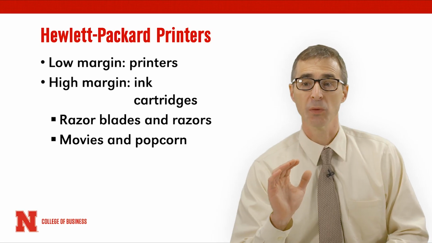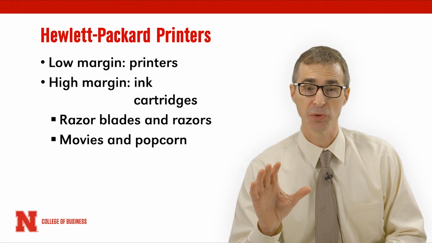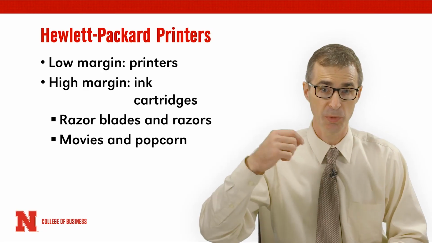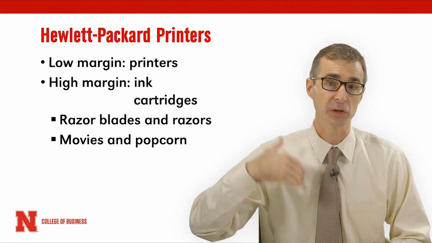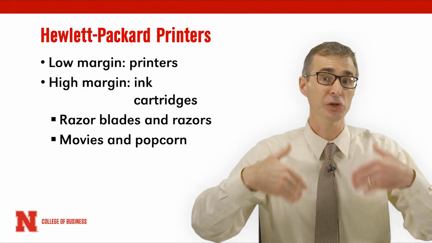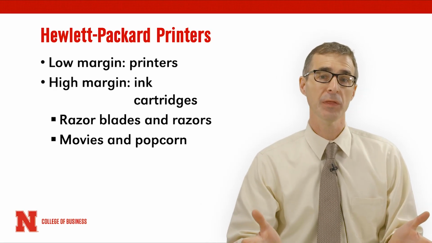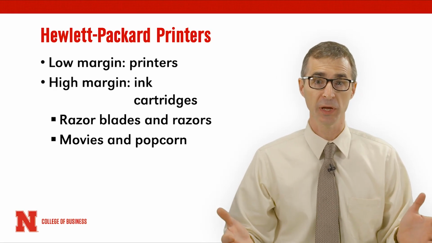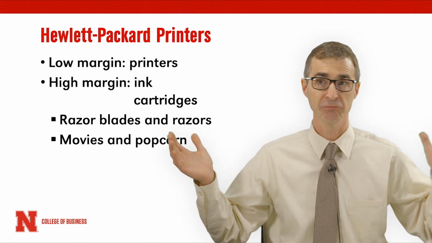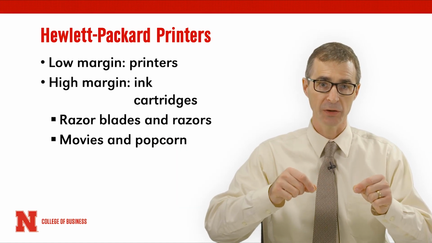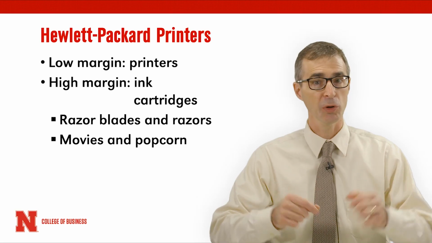So the printers there were the low margin product, and the high margin product is the part that's purchased over and over again, the ink cartridges. We often see this with razors and razor blades. If you buy a Gillette Mach 3 razor, say, you'll buy one handle and then you'll buy multiple cartridges.